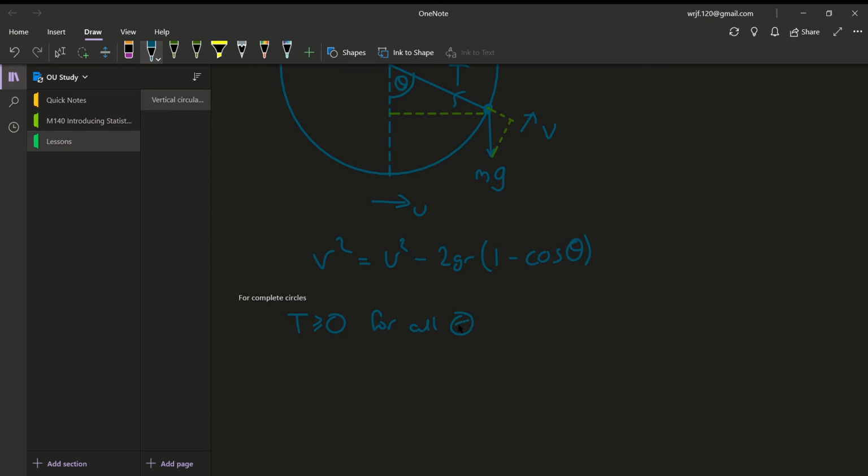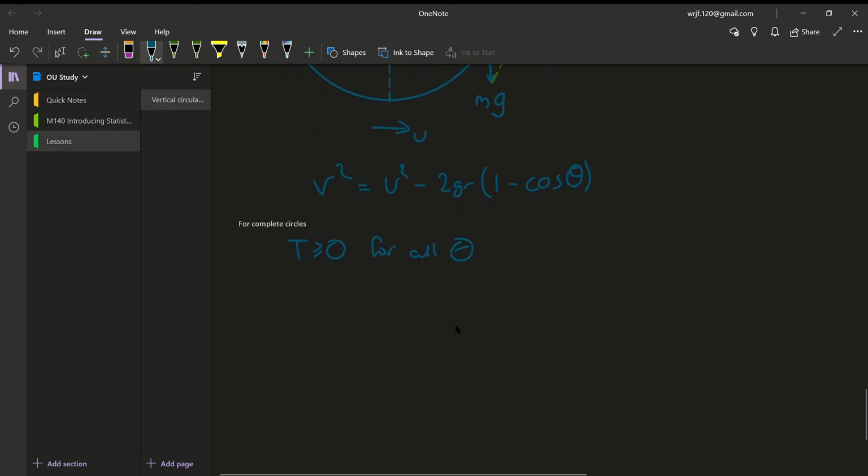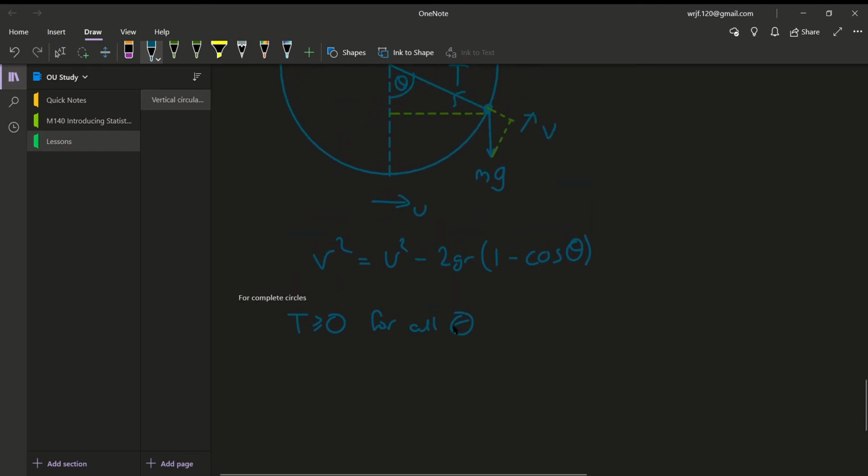We haven't looked yet at any examples of how to calculate the tension in these sorts of situations, so this is a good opportunity to have a look at that as well.